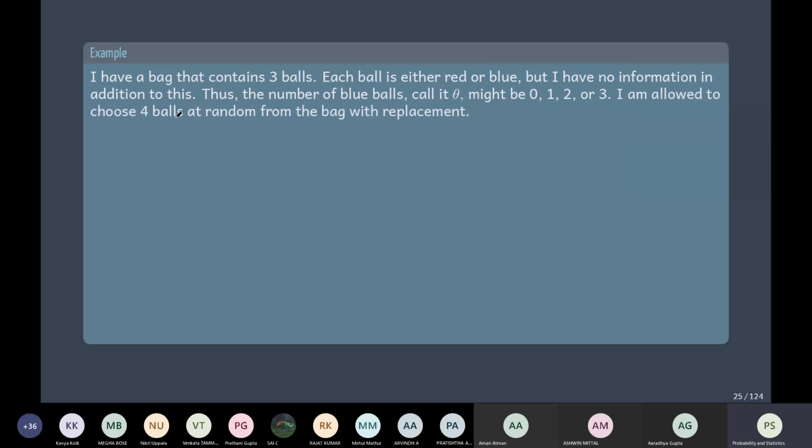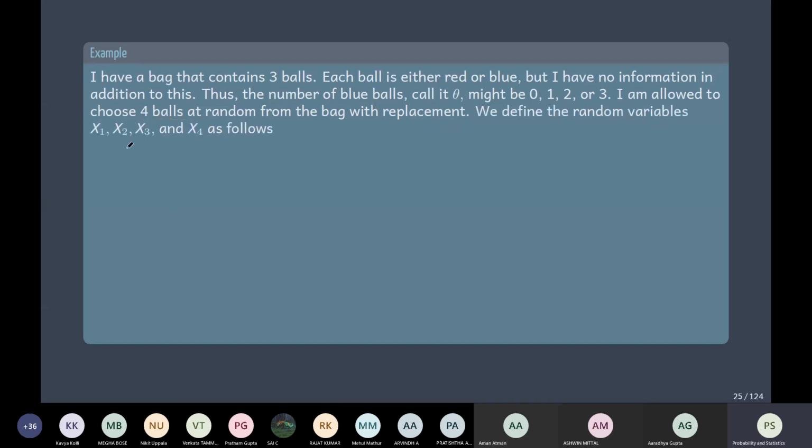I am allowed to choose 4 balls at random from the bag with replacement. That's why we can choose 4 balls, otherwise how would you pick 4 balls from 3? We can do it only if we are allowed to replace. So basically, I draw 4 samples, and because I'm doing replacement, I can draw 4 samples although there are only 3 balls.